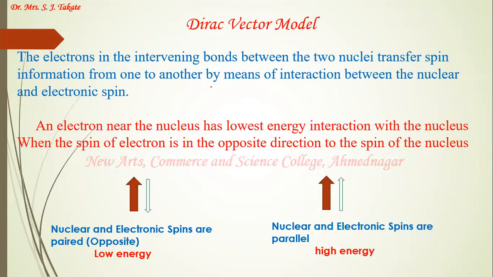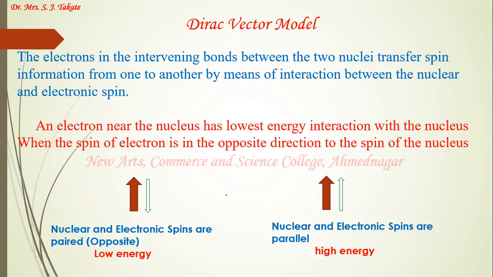So this coupling process occurs because of the spin interaction between the electronic and nuclear spin. How are electrons responsible for spin information transfer from one nucleus to the other? Let us see this.